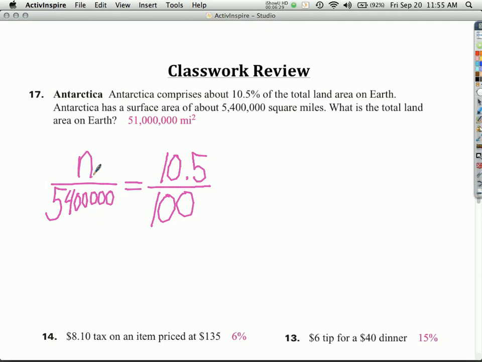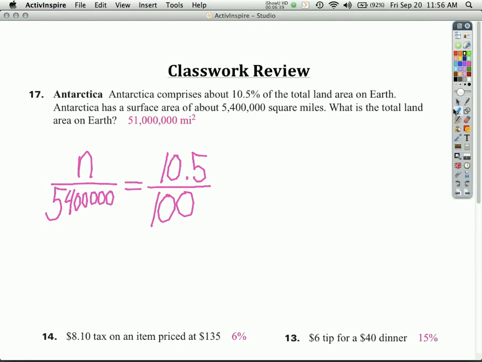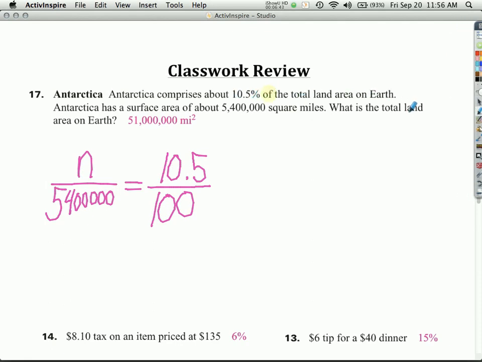Okay, let's see. Antarctica comprises about 10.5% of the total land area on Earth. So here's the of. 10.5% of the total land area on Earth. Antarctica has a surface area of about 5,400,000 square miles. What is the total land area?